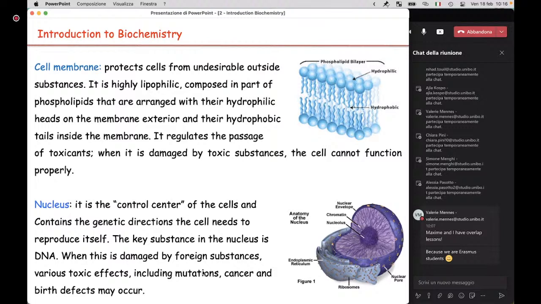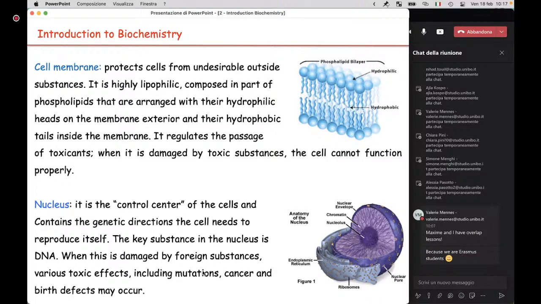Of course, again, this is a very important function, because the DNA is the genetic information that, let's say, is the blueprint for producing almost everything that is produced within the cell.